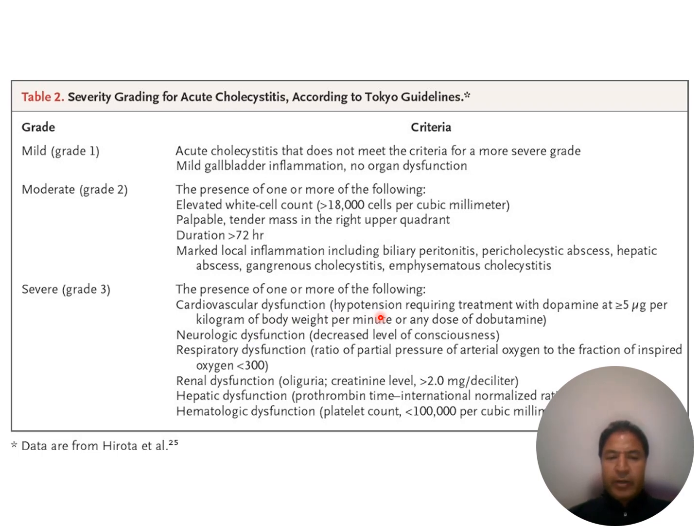Severe grade, the presence of one or more of the following: cardiovascular dysfunction, hypotension requiring treatment with dopamine at 5 microgram per kilogram of body weight per minute, neurologic dysfunction, decreased level of consciousness, respiratory dysfunction, ratio of partial pressure of arterial oxygen to the fraction of inspired oxygen less than 300, renal dysfunction, oliguria, creatinine greater than 2, hepatic dysfunction, prothrombin time international normalized ratio, hematological dysfunction.